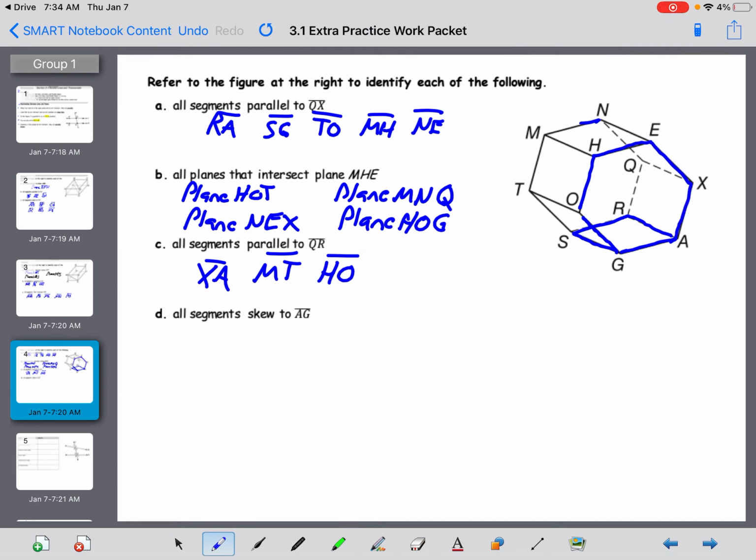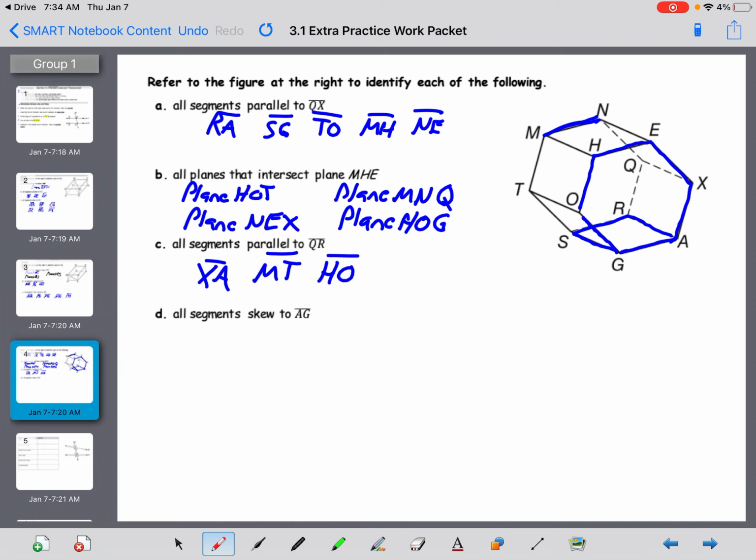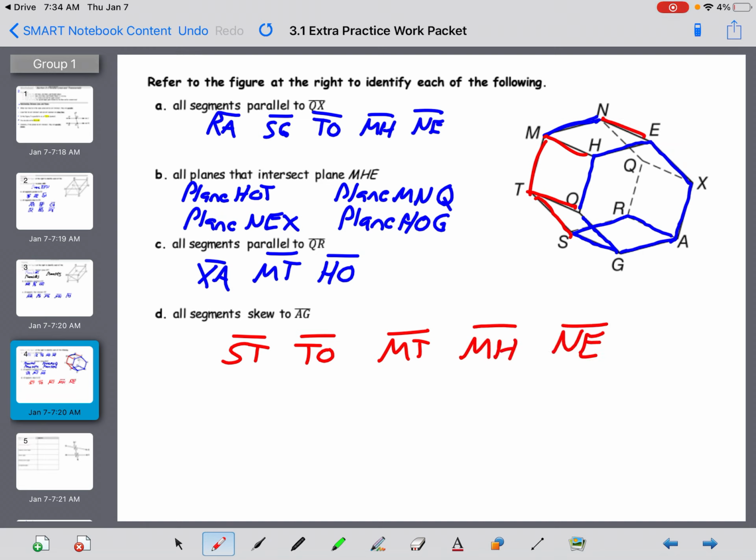And it cannot be parallel, so MN is also out. So what do we have? We have ST and TO. We have MT. We have MH. We have NE. We have HQ. We have QX. And we have QR.